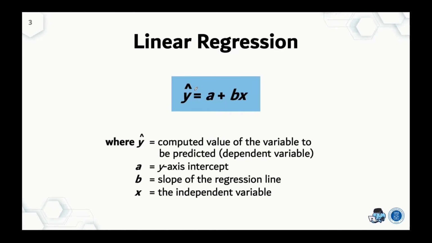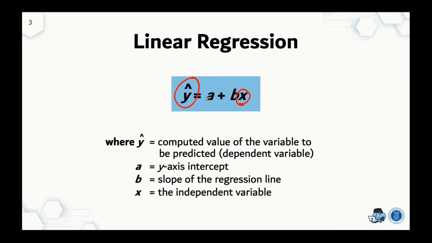This is one formula in associative forecasting, that is linear regression, where y is the predicted variable, and x in this case is the independent variable, so we can call it a predictor.